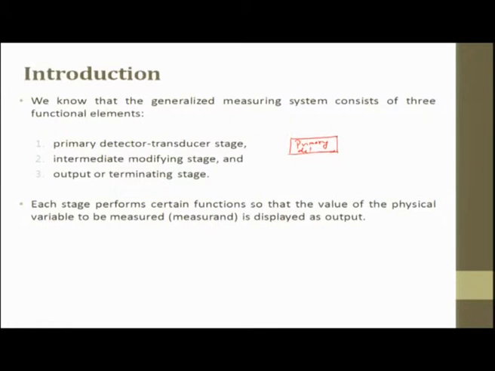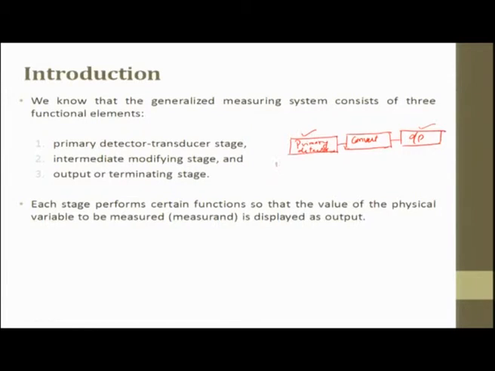Once this primary detector detects, this data has to be converted into a readable output. So, you have input, you decide what is the output you want, and in between you have a stage in which you convert the primary into a readable output. This is the convertible or intermediate modifying stage.